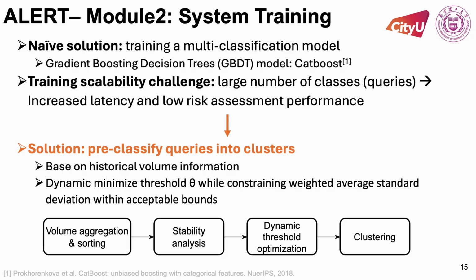Specifically, we analyze queries' historical volume rankings to determine clustering thresholds. By examining the temporal variations in these rankings, we identify stability patterns across different queries. These stability patterns, in turn, guide the dynamic establishment of clustering boundaries, which reflect the stability variance of queries.